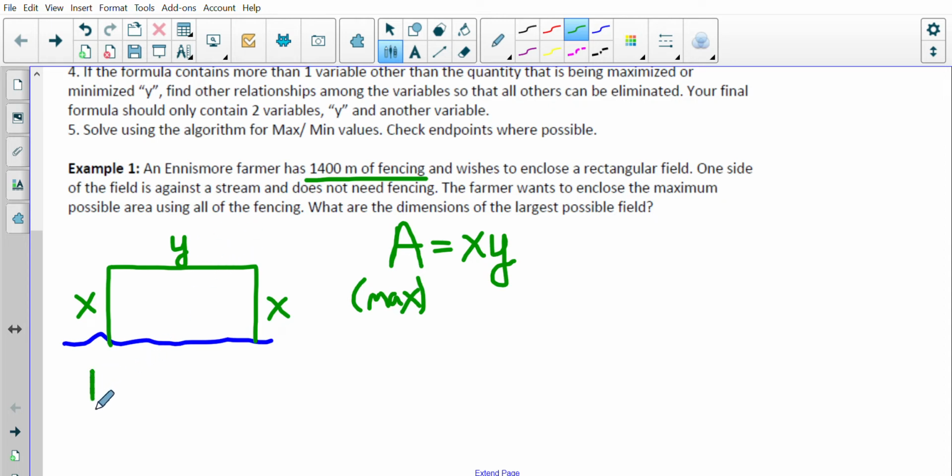And that is in terms of our perimeter. So the perimeter of this object is 1,400 meters of fencing, and the perimeter involves 2 x's, or 2 widths if you want, plus a y.